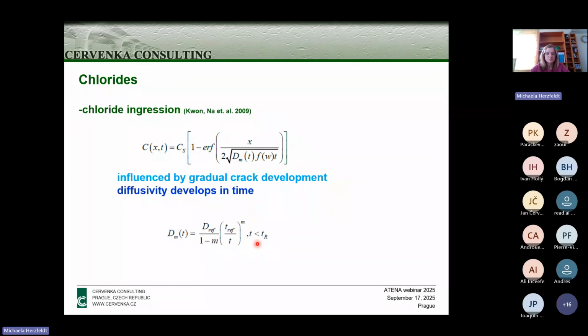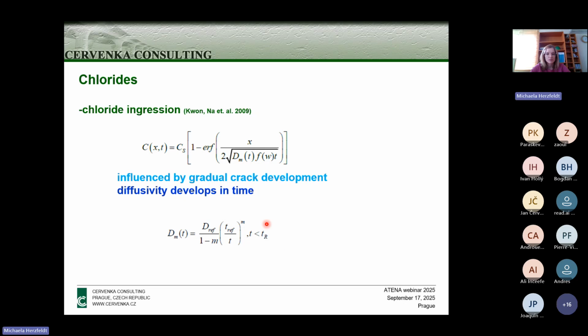And it basically is based on some reference diffusivity in reference time, which is something that you can have from some measurements. And there is parameter M that is related to what sort of exposure you have for chlorides, if it is a structure that is submerged in seawater, or if it is just sprinkled with it, something like that.